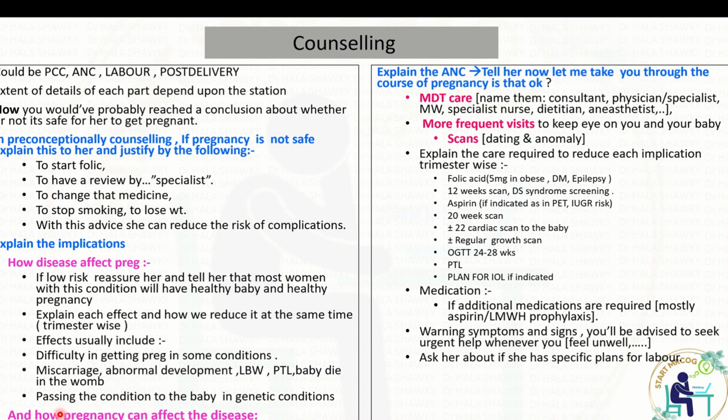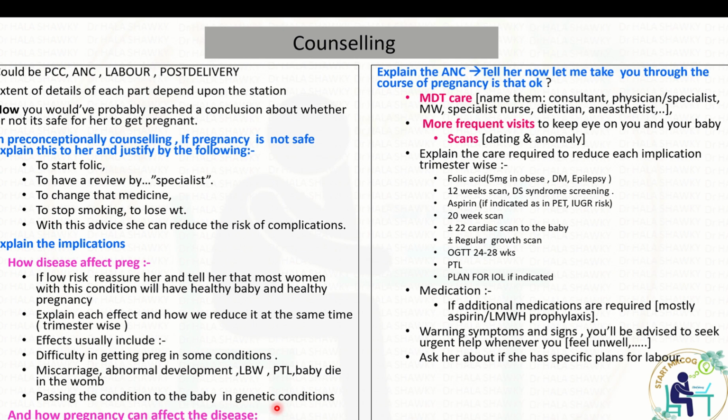Then, how pregnancy can affect her disease. For example, in kidney disease, whether her kidney condition is going to deteriorate, or most probably it will stay stable with follow-up and monitoring. Most candidates forget this point during their counseling, particularly in the early pregnancy module.